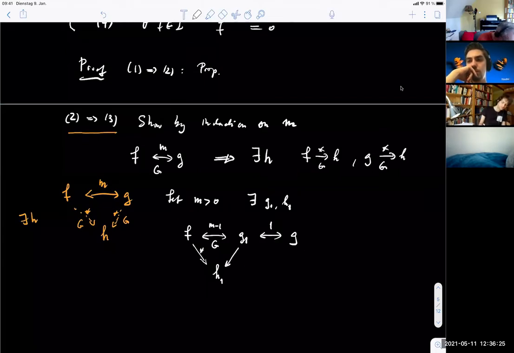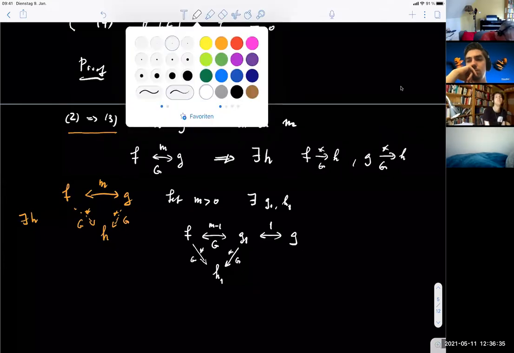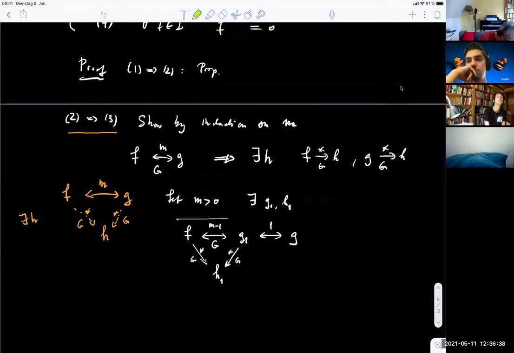Here is a star, here is a star, everything mod G. This is by induction hypothesis. So then I have this picture.